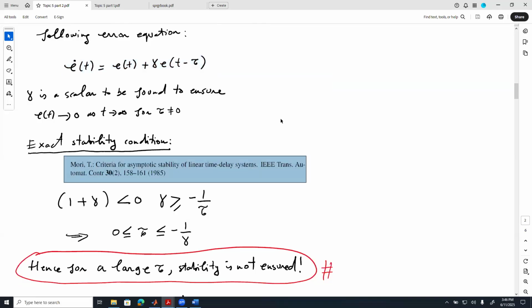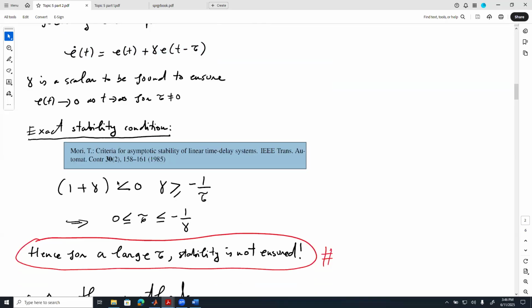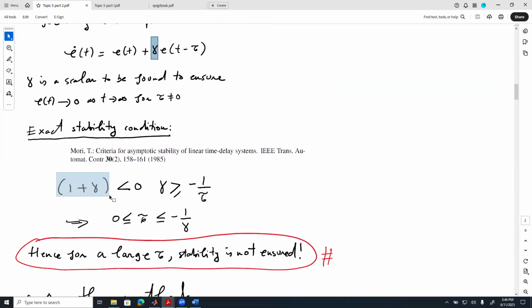So in this reference here, what the conditions are, we can have, even though this is an unstable term there, which is 1, we can select gamma in such a way that the sum of 1 and gamma is a negative number. So that is the necessary requirement.